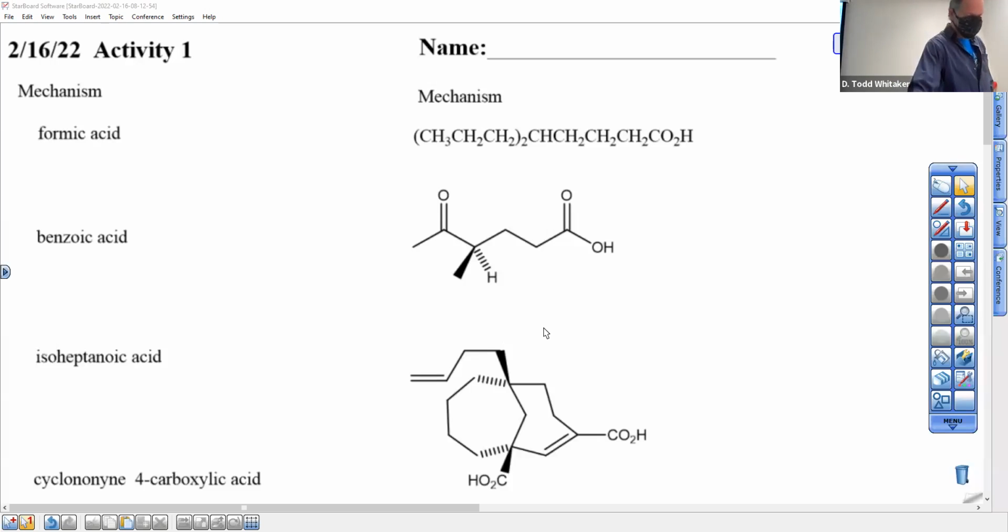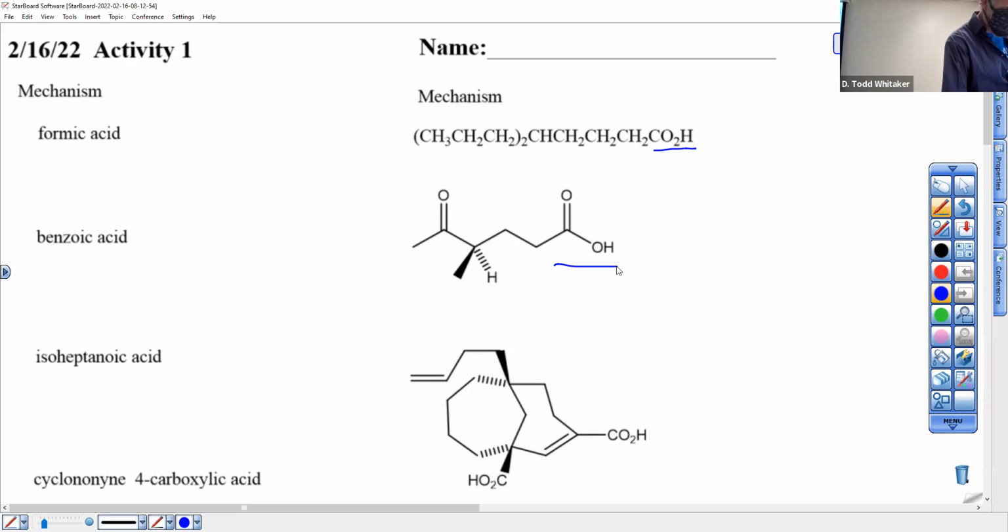Okay, we are going to start today by talking about the nomenclature of carboxylic acid. Carboxylic acids have a CO2H, either written like that, or written like that, or backwards versions of each.